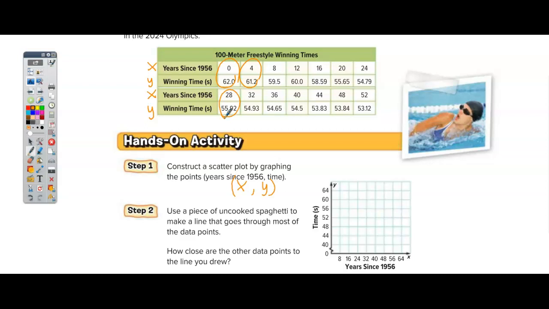So the first one, we have 0, 62. So 0 is my x, and then I'd go all the way up to in between 60 and 64. And then 4 is my x, so in between 0 and 8, 61 and 2/10. So just a little bit above 60.